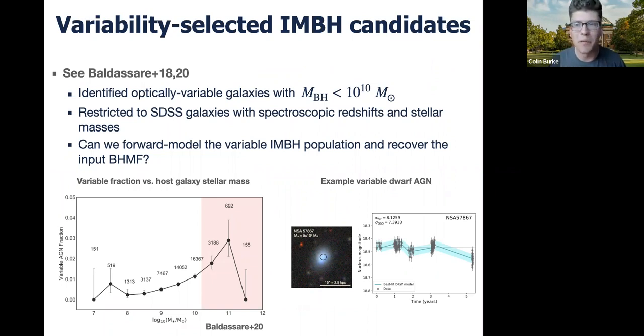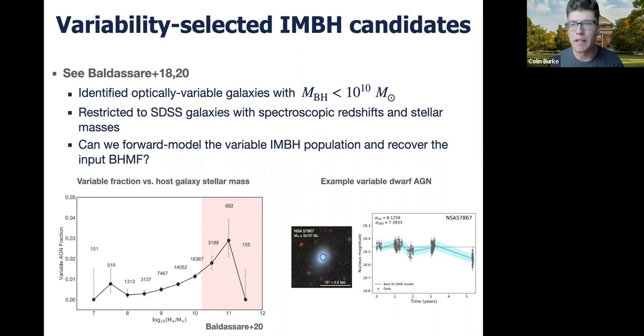This is work by Vivian Baldassare, who identified optically variable galaxies with a stellar mass, not black hole mass, of less than 10 to the 10 solar masses using the SDSS catalog. I think she used PTF photometry and looked for things with variability.